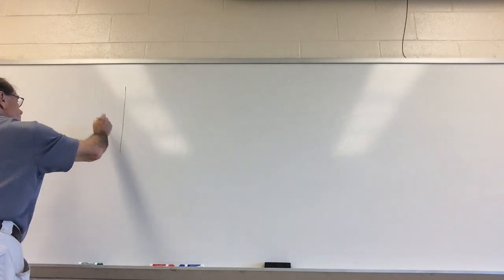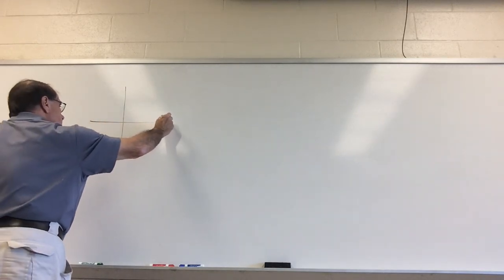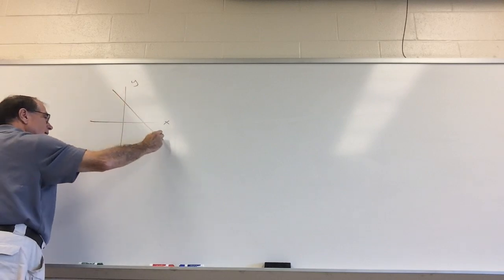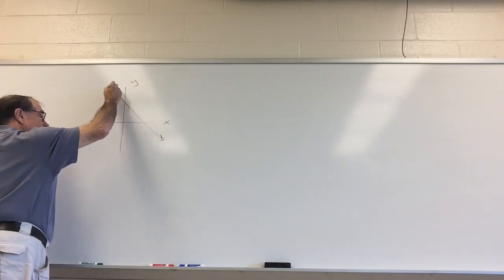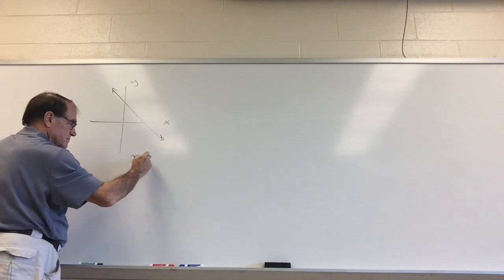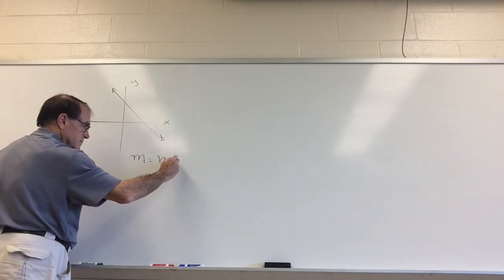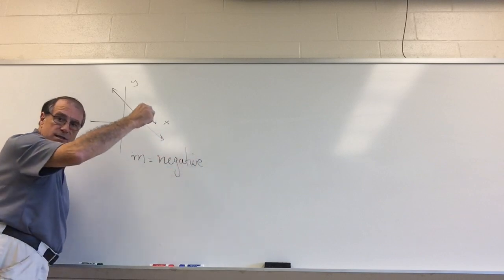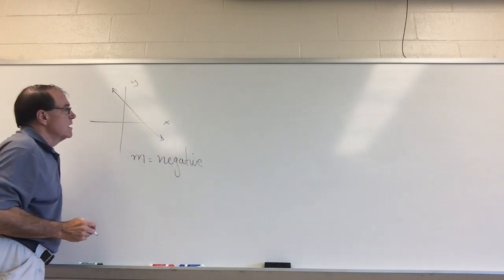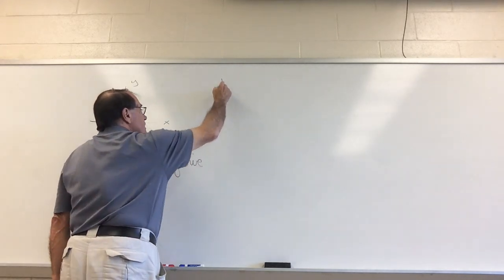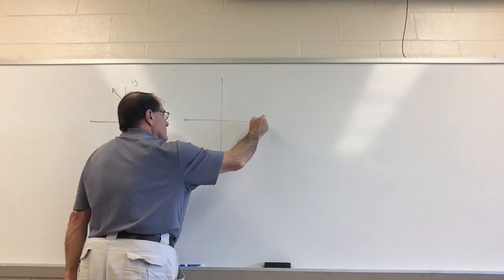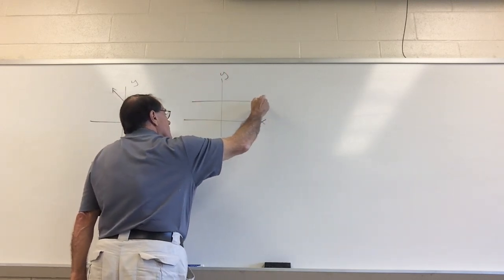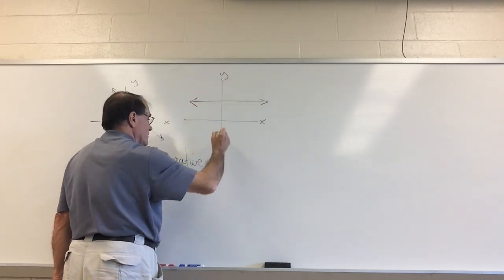So I have a situation where slope is negative. The line is decreasing. Slope is 0. The line is horizontal.